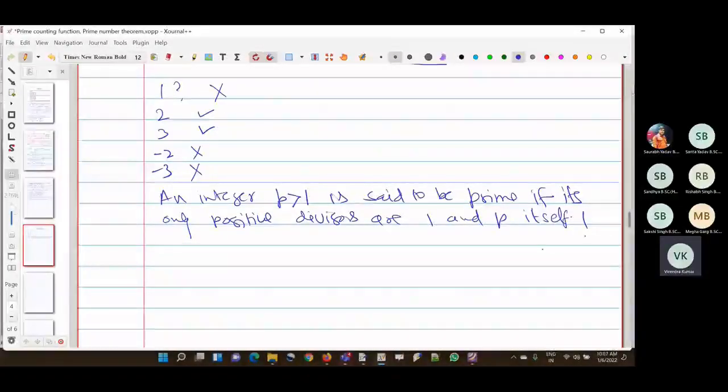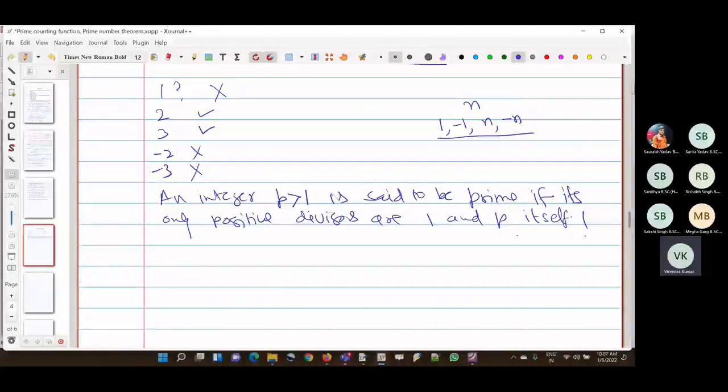So here we are defining it with the help of only positive divisors. Of course, if you take any number n, it is going to be divisible by 1 as well as -1, as well as n, as well as -n. At least you will get this much. But while defining prime, we consider only those divisors which are positive. So this is a very crisp definition, one should remember.